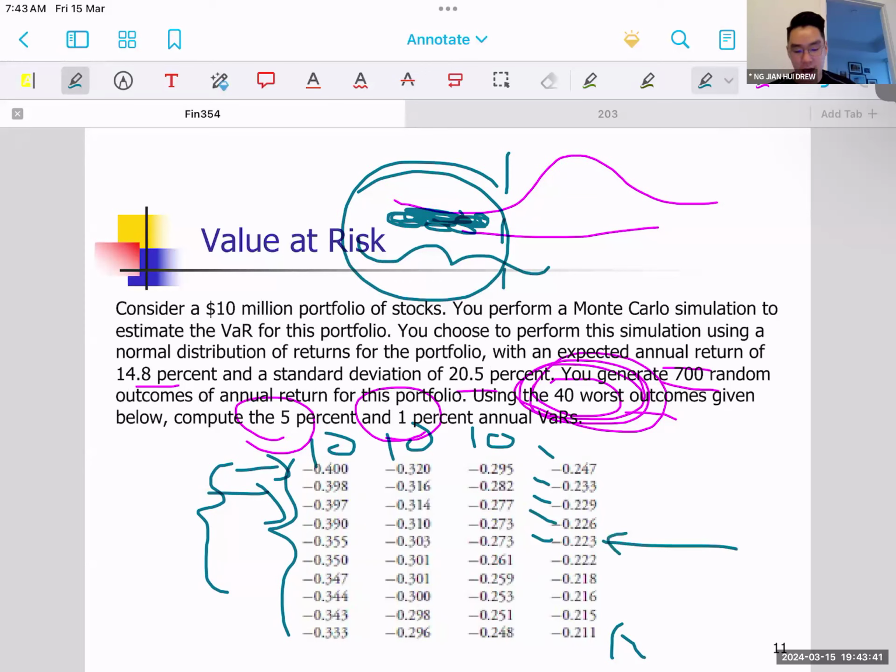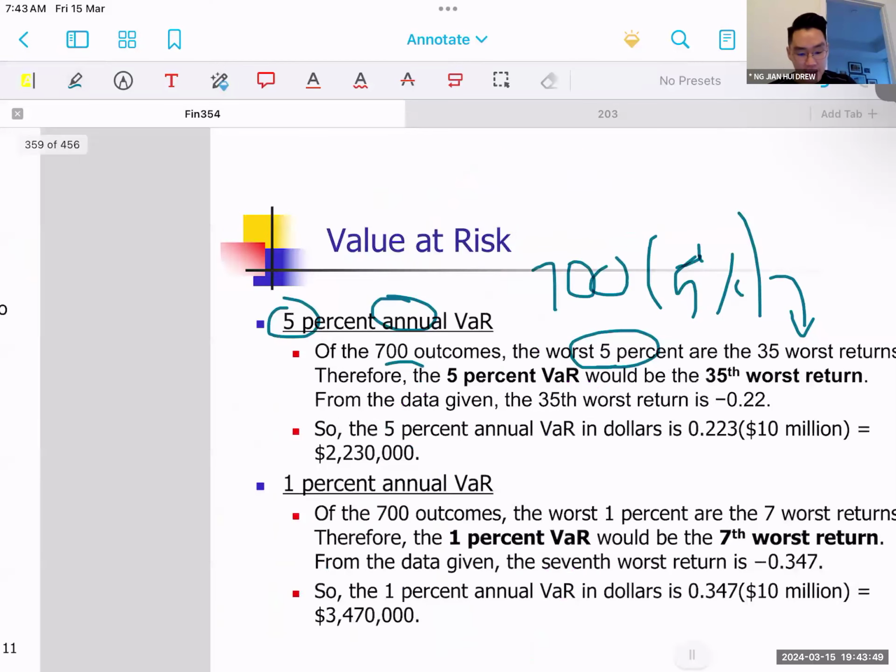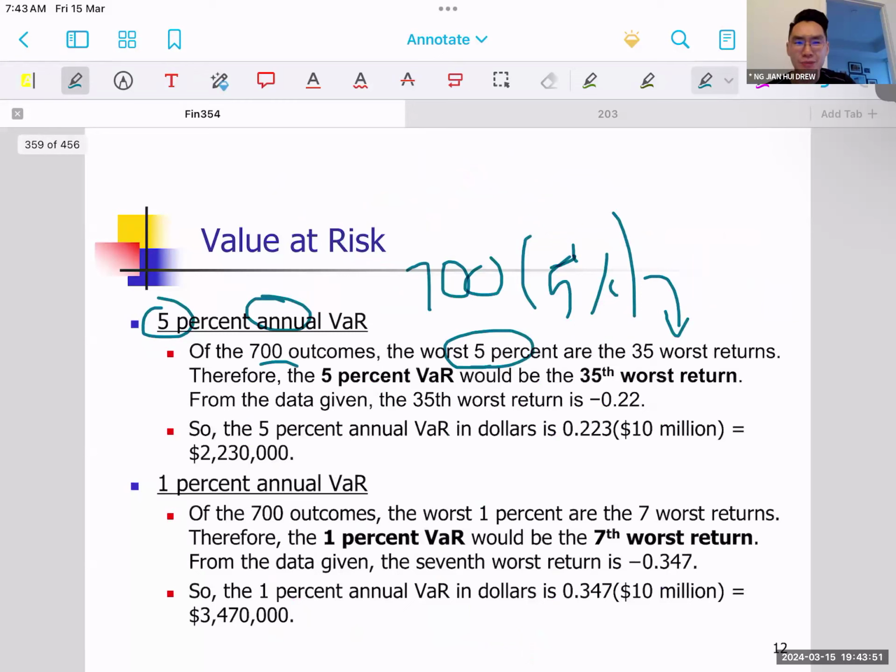Okay. So this is our 35th worst outcome, which is 0.223. And this is what we see here. This one has a small typo. Please add the 3 here. It's missing. And so we have determined the VAR of the 35th worst outcome given by here.